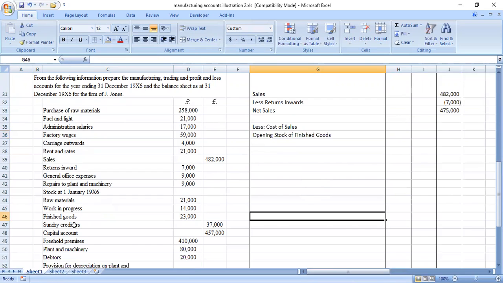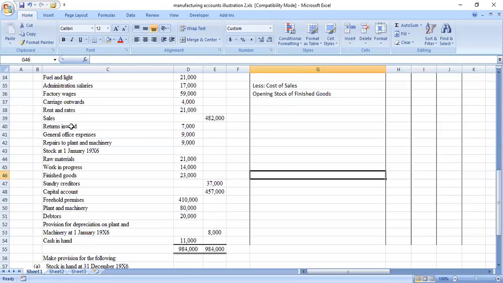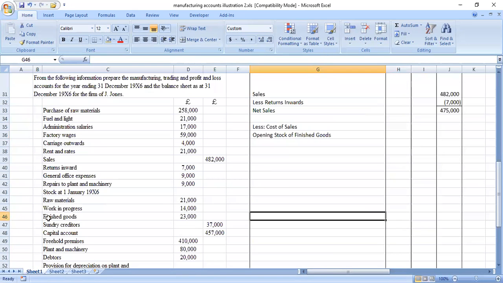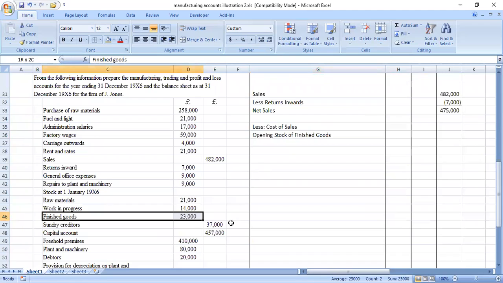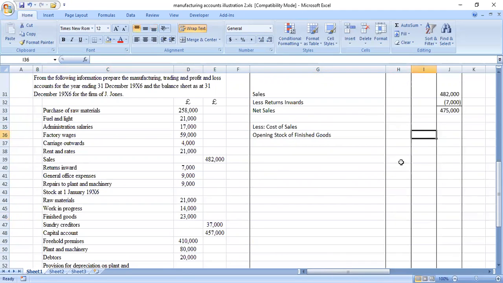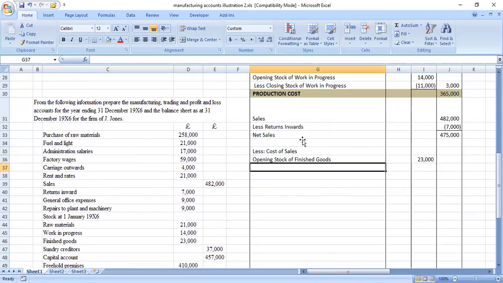The opening stock of finished goods is how much? This one is 23,000. Si ndio? 23,000, you can see that. Dennis, tuko pamoja? Yes. So 23,000, and then plus production cost.